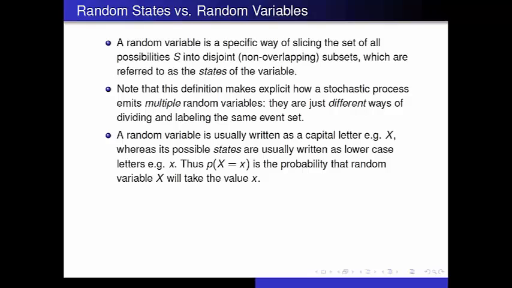So an expression like this, p of capital X equals little x, that means it's the probability of random variable x being drawn or drawing the specific value little x. And throughout all this, I'm making the simplifying assumption that I'm talking about a discrete variable.